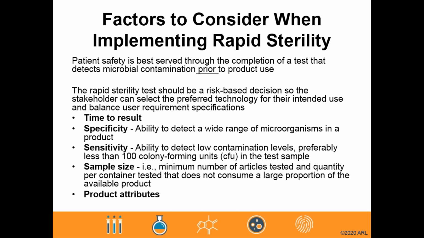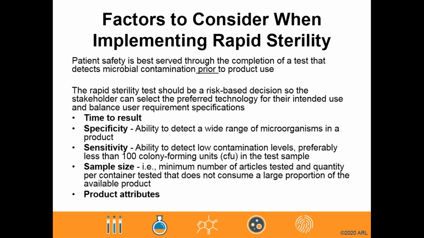Second is specificity and sensitivity of the method. Can it detect the appropriate range of organisms such that you feel confident with releasing a product based on a sterile result? Next is sample size. Do you or does your testing lab have sample size requirements? Often this is still based on guidance from USP Chapter 71, Tables 2 and 3, but it is possible that labs have developed a justification for reduced sampling.